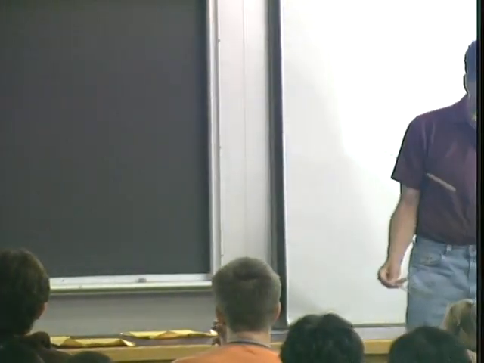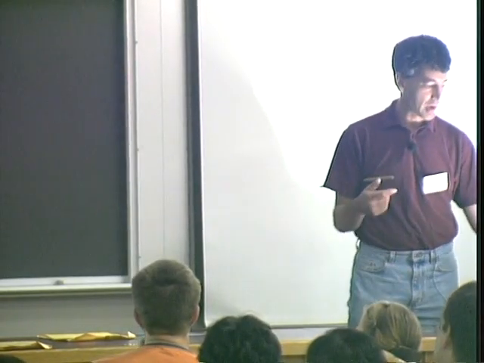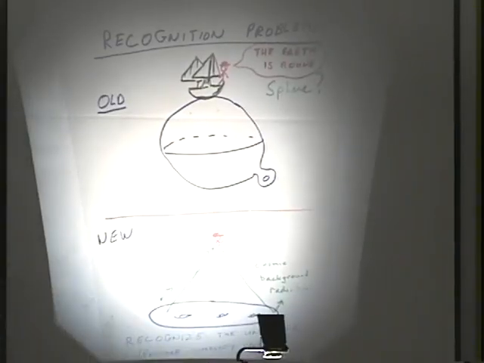So the question here was, if somebody gives you a three-manifold as a collection of simplices with faces identified, can you tell if it's the three-sphere or not?